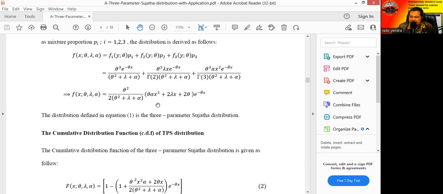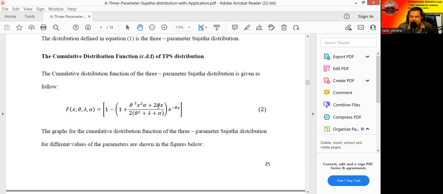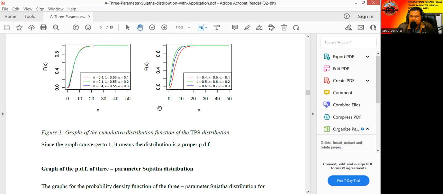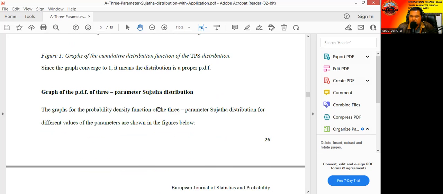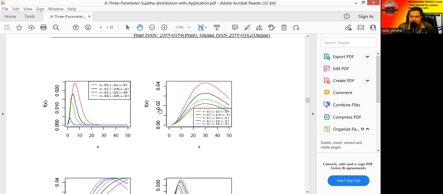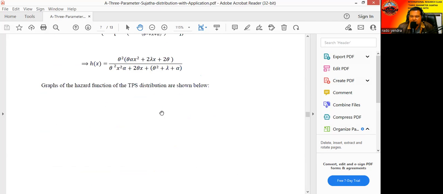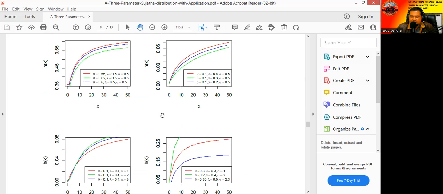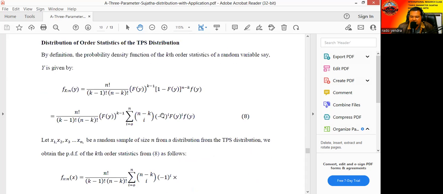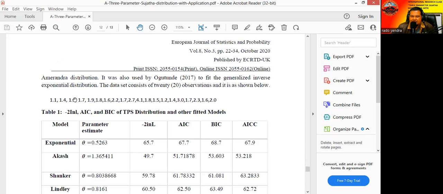And then in this research article, the author gives some data as a good example of how to operate this distribution. If we check the research article, there is some data here.